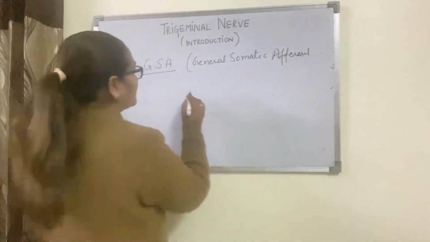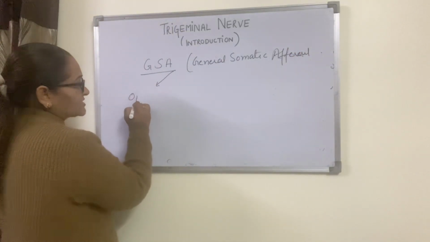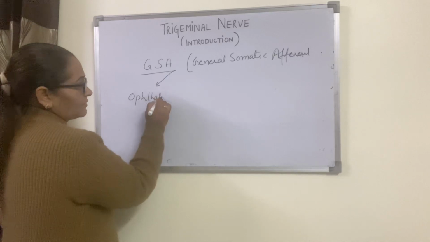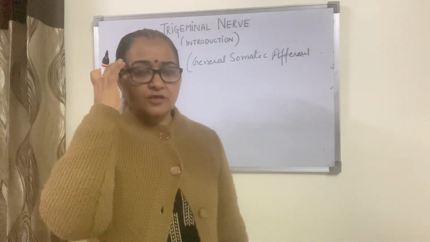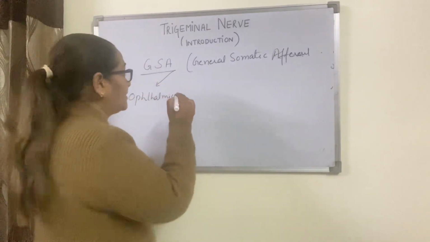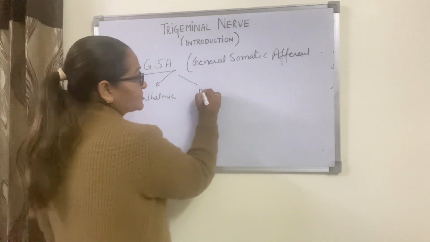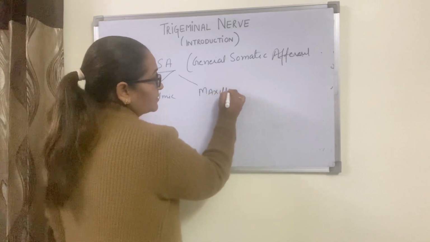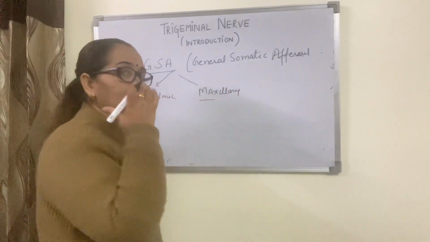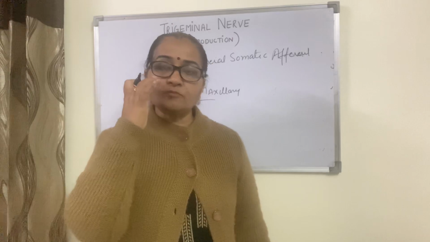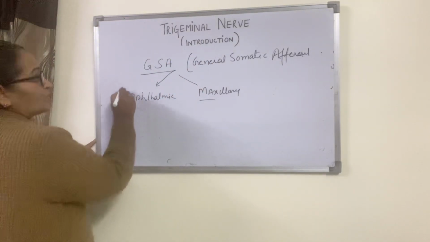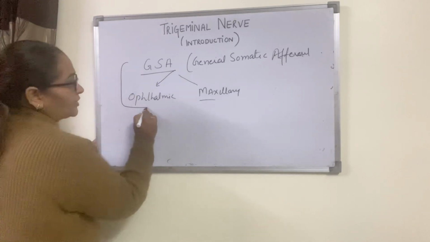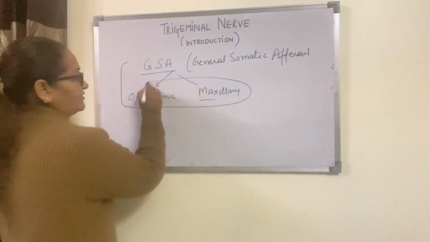This general somatic afferent for the ophthalmic is carrying the sensations from the upper part of the face and the lateral part of the scalp. And the maxillary division is carrying the sensations from the middle portion of the face. So this general somatic afferent component is for the ophthalmic and maxillary divisions.